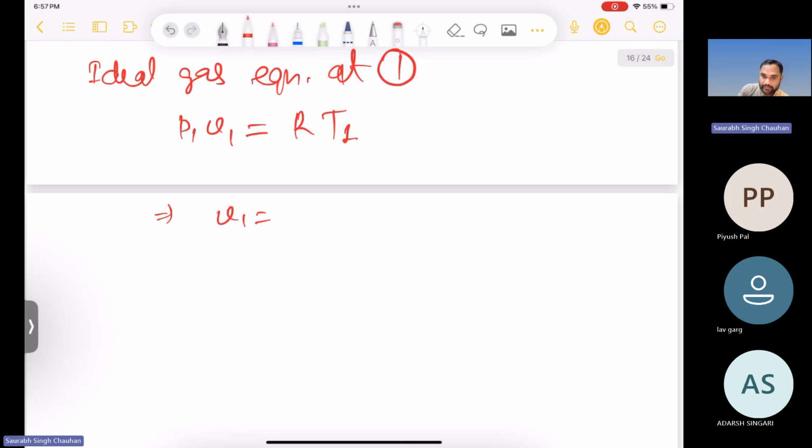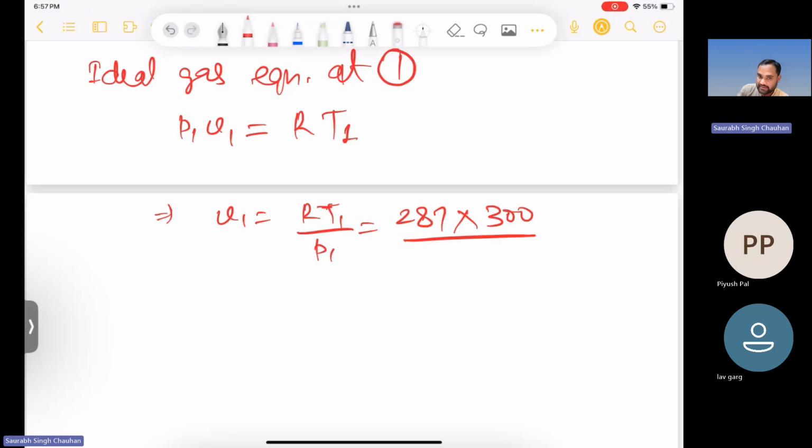V1 will come out to be RT1 divided by P1. R is 287, multiplied by T1, which is 300 Kelvin (27 degrees Celsius), and P1 is given to be 1 bar. 1 bar means 1 into 10 to the power 5 pascals.